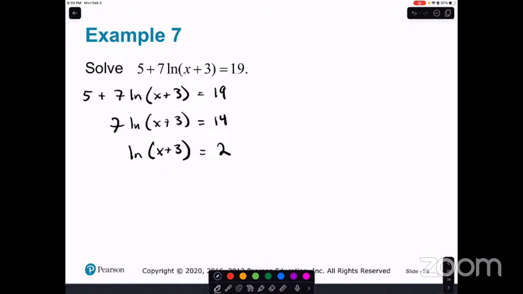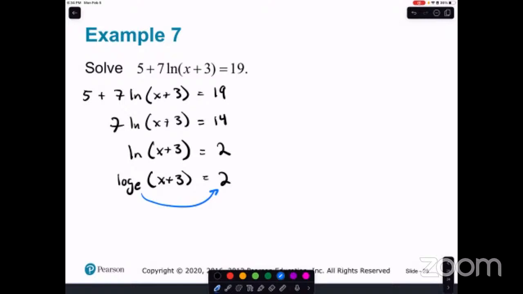All right, so then if we want to get rid of the log, remember this natural log is the same as common log base e, right? So let me do it this way. So natural log is the same as common log base e of this. And then we can rewrite this as an exponential. We take the base of the log, swing it to the other side, it becomes the base of the exponent.